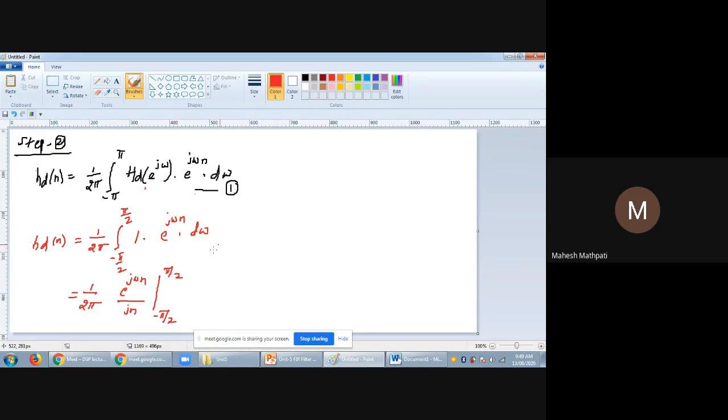Understood this? I am just doing integration.